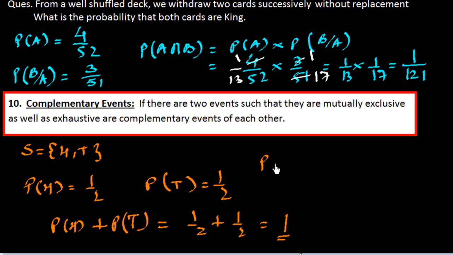It means P of H is equal to 1 minus P of T, both complementary of each other. If we subtract an event from 1, we get the probability of other event. Okay, it means if we subtract the probability of event from 1, we get the probability of other events. So these are called the complementary events.